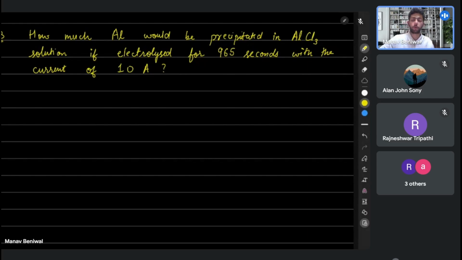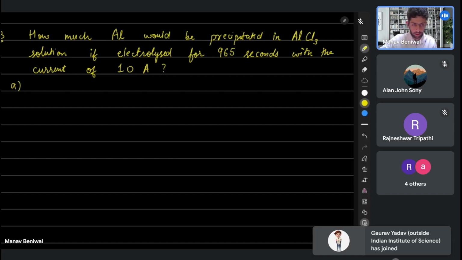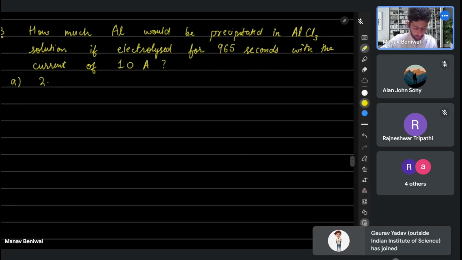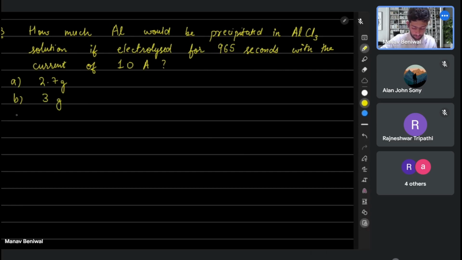Okay, very similar problem. Just this time, earlier we had NaCl, this time we have AlCl3, and we are electrolyzing it for 965 seconds with a current of 10 amperes, right? And we would like to know the mass of aluminium which is getting deposited. So your options are A 2.7 grams, B 3 grams, C 0.5 gram, and D 0.9 gram.